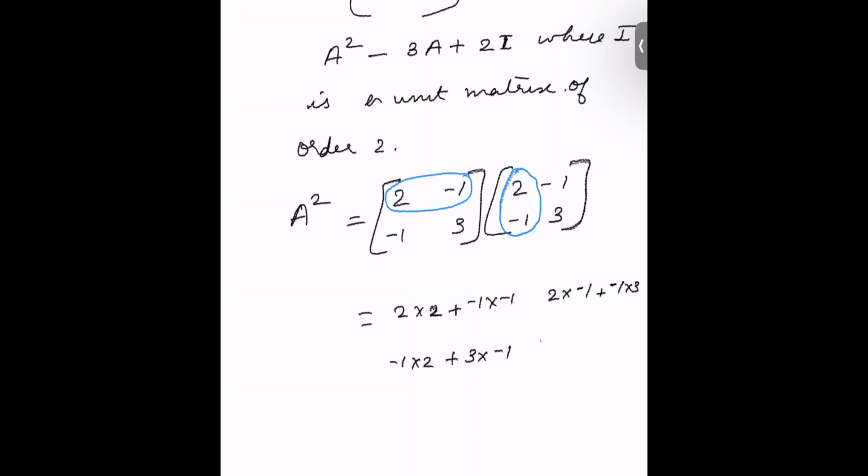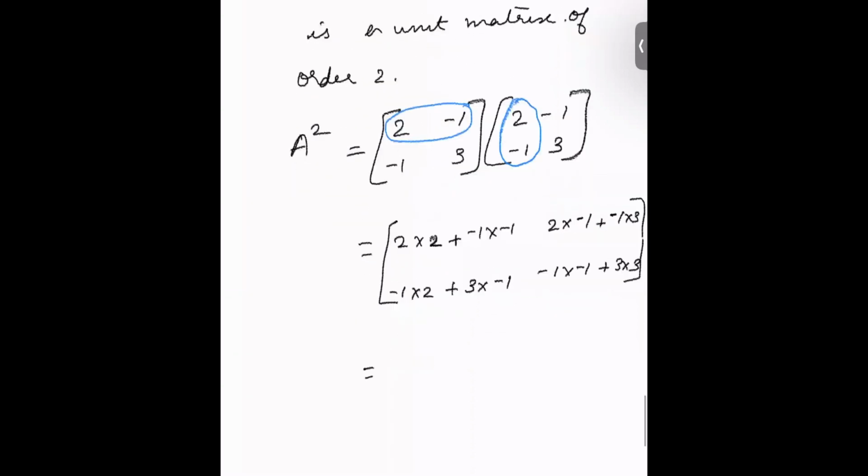Yes. And then on the right side, minus 1 into minus 1 plus 3 into 3. Yes, that's right. Now let's solve it. 2 into 2 is 4 plus 1, minus 2 minus 3, minus 2 minus 3, plus 1 plus 9.